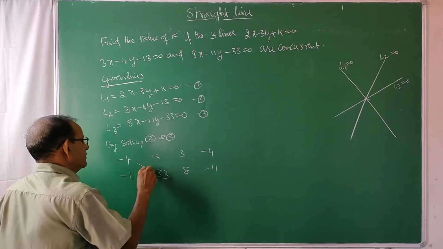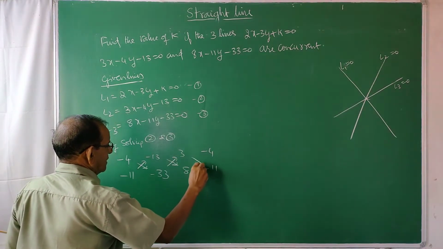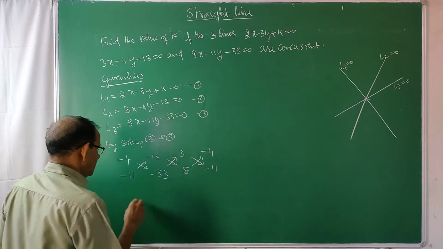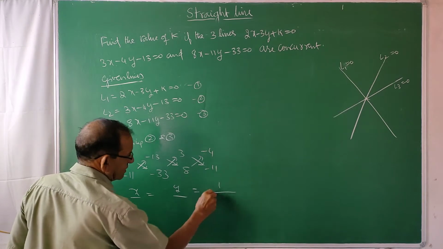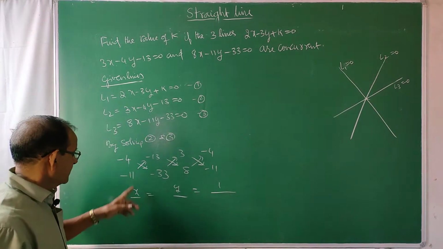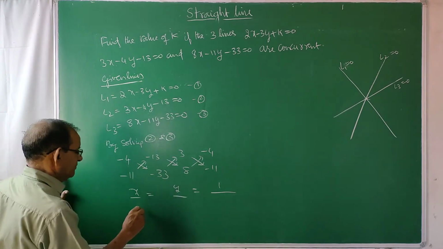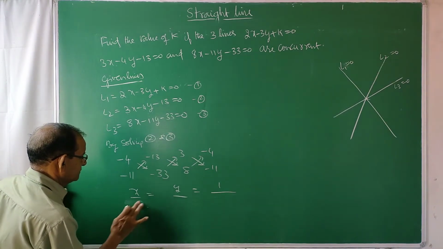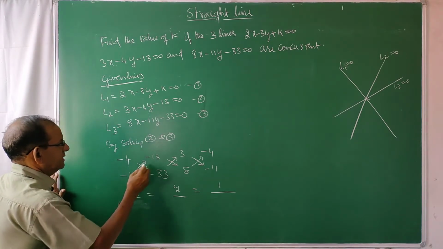Now you have to use the cross multiplication method. x by y by 1 by, you have to write this first. Under x you have to write this product minus this product. This product is 132 minus 11 into 13.